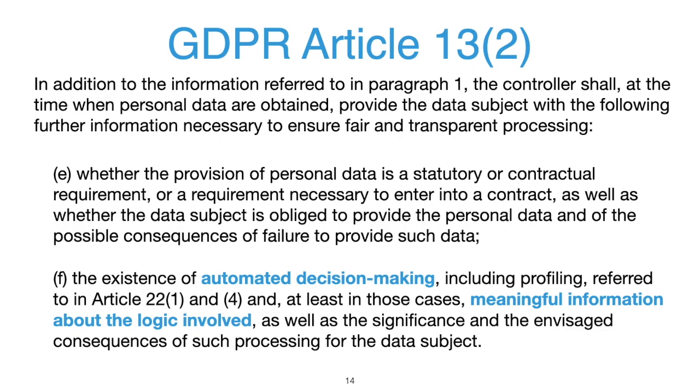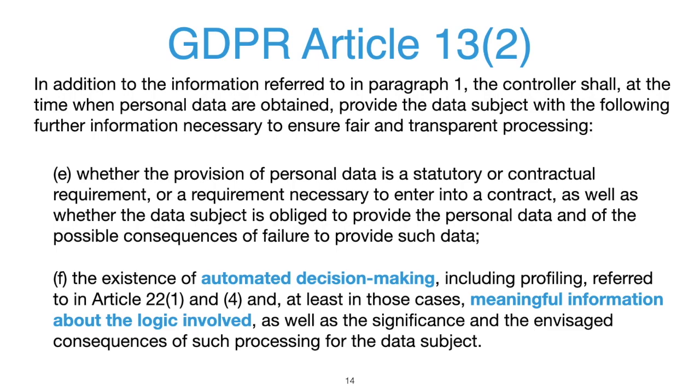And if the data subject doesn't give the data, what are the consequences of that? All of this must be advised in advance of collecting the data. So even if it's a statutory requirement, even if the data subject has to provide the data, you still have to tell the data subject, well, what are the consequences if you don't provide the data? So they must be able to make that decision.